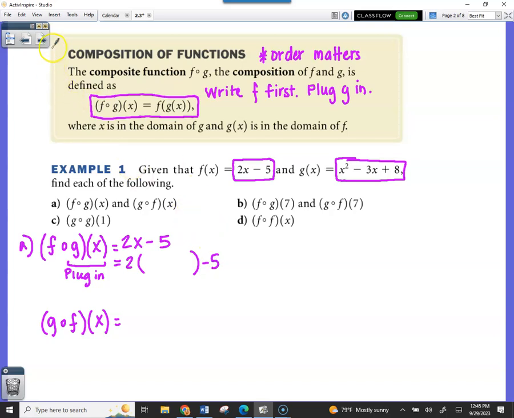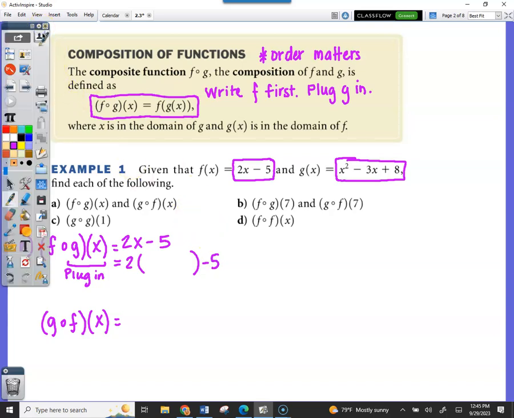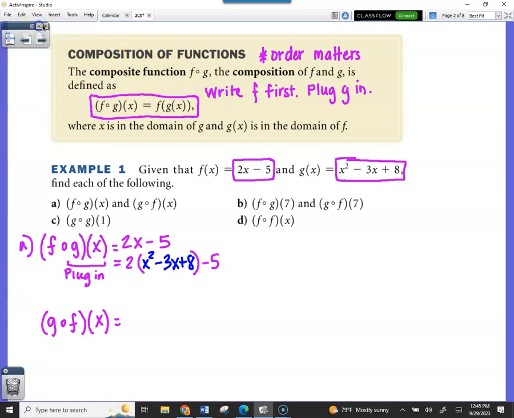And in the beep, I'm going to put G, which is x squared minus 3x plus 8. See that? So it's like you're embedding one within the other. That's it. That is the answer, but we have to clean it up.